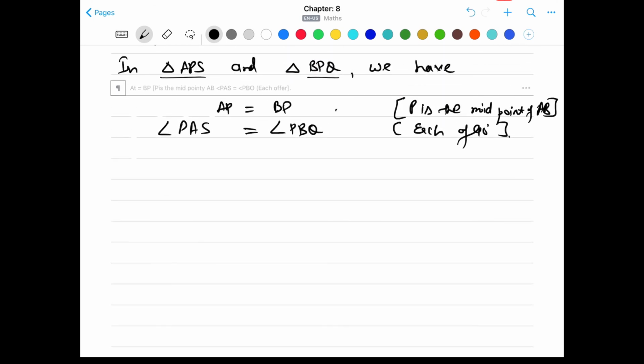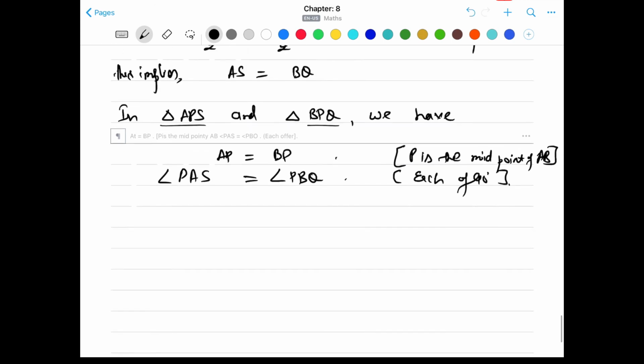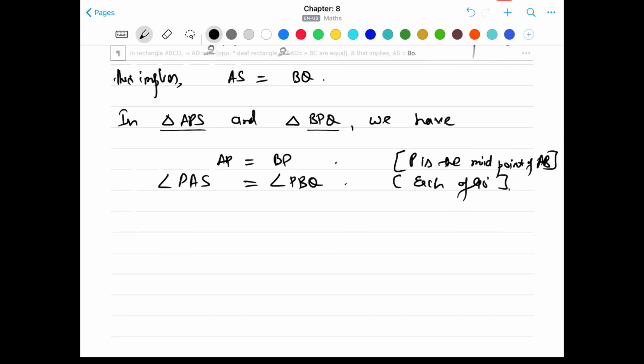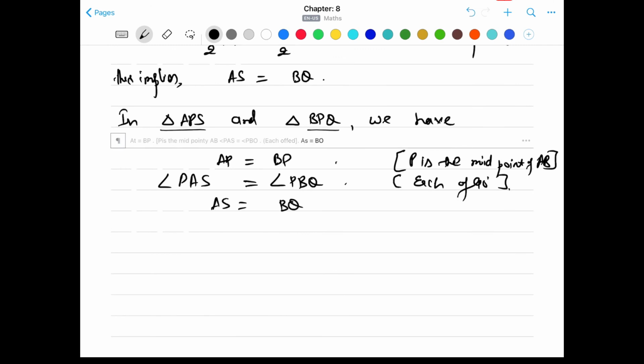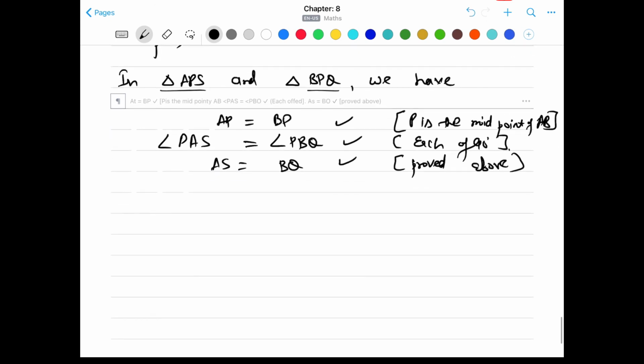So we got one side, one angle. Now we will look for another side. We have already shown that AS equals BQ, which is proved above. So we got side, angle and side, so these two triangles will be congruent.